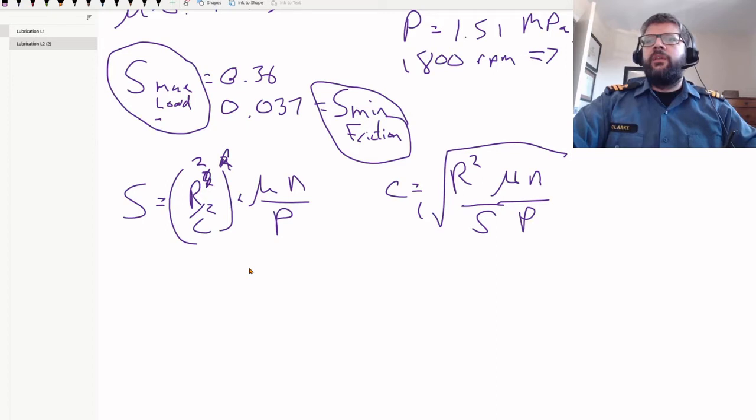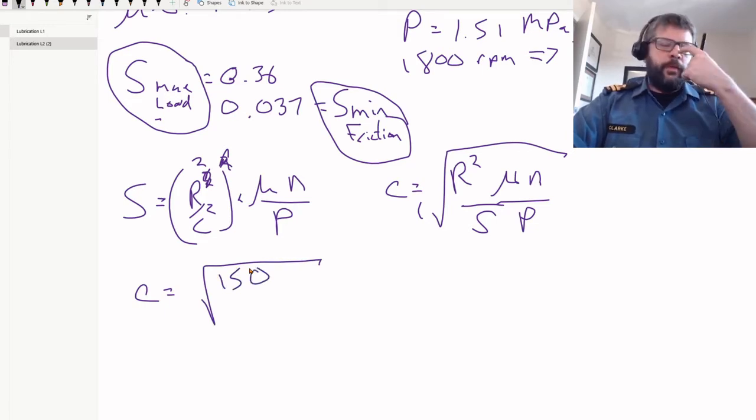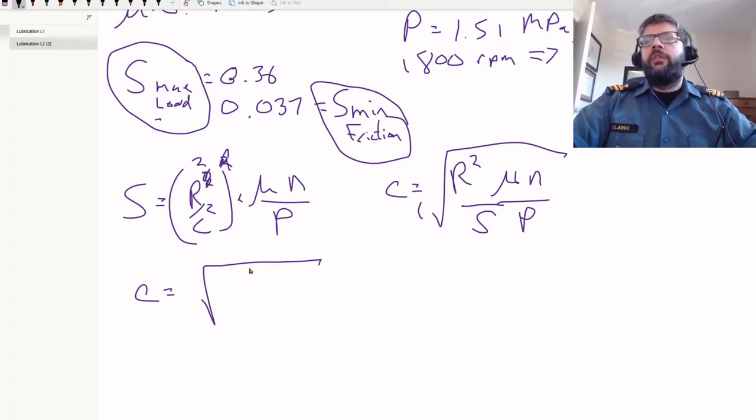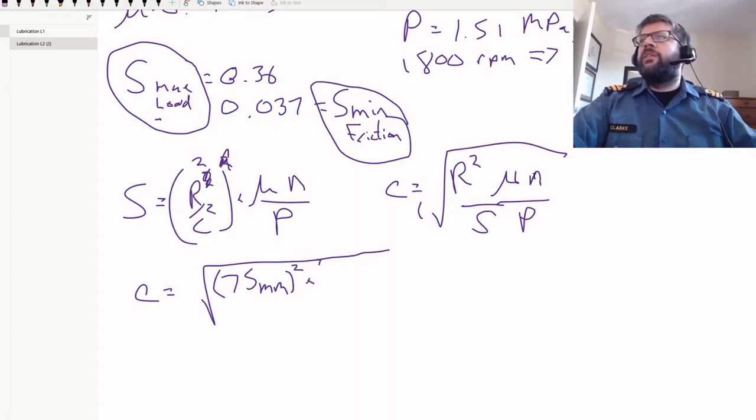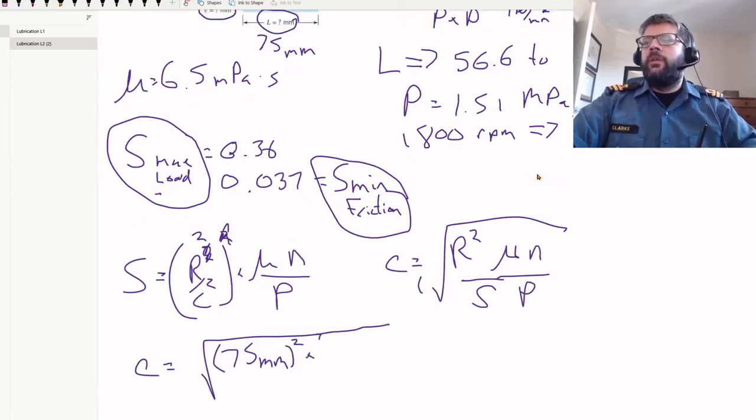So our C is going to be equal to the square root of, not diameter, radius, 75 millimeters squared times our viscosity, which is 6.5 times 10 to the negative 3.